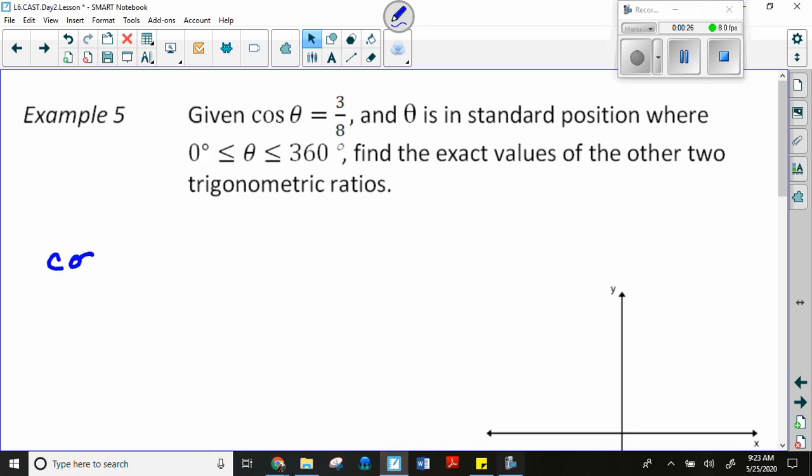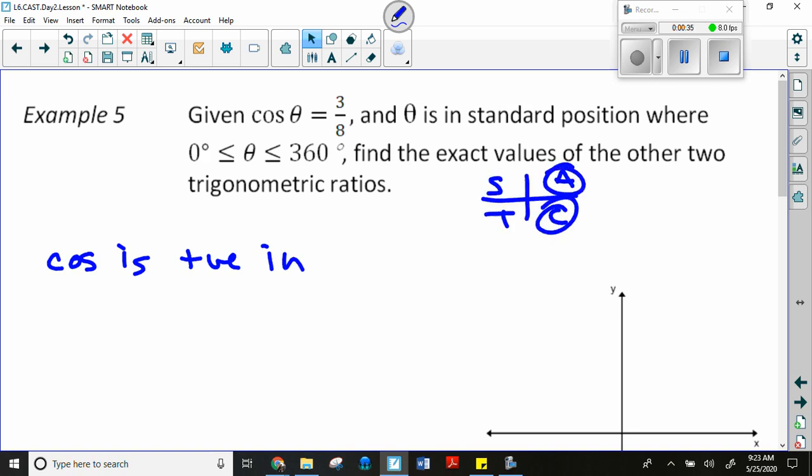Cos. Let's think now, Megan. Cos is positive in CAST in quadrants 1 and quadrants 4. Okay, that's good to know.